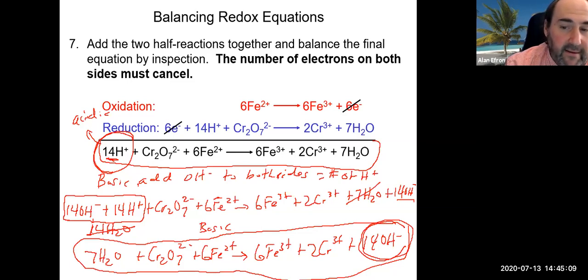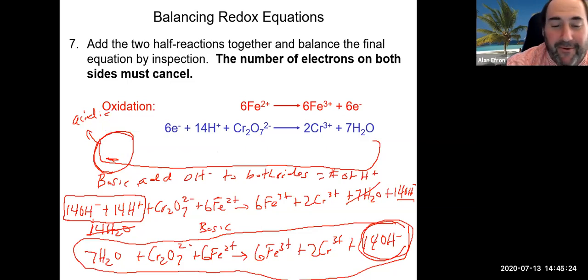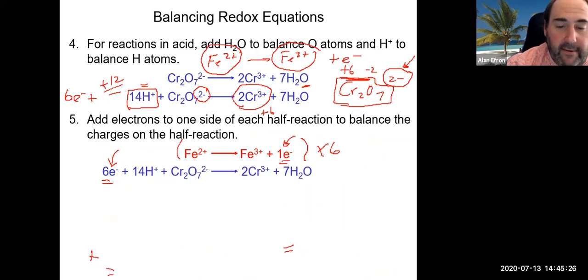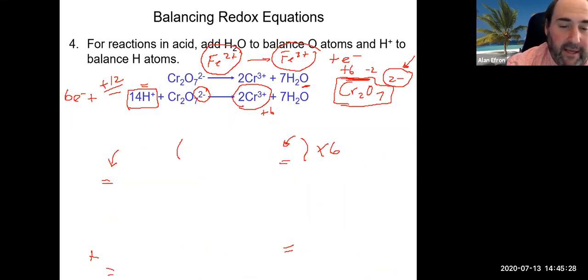Yeah, I'll say yes. That's probably the easiest way of doing it, to balance it acidic first and then add the OH minuses. There is another approach. The way I learned way back when, is right about here at this step, sometimes people will add the OH minuses at this step. Same deal, equal to the H pluses.